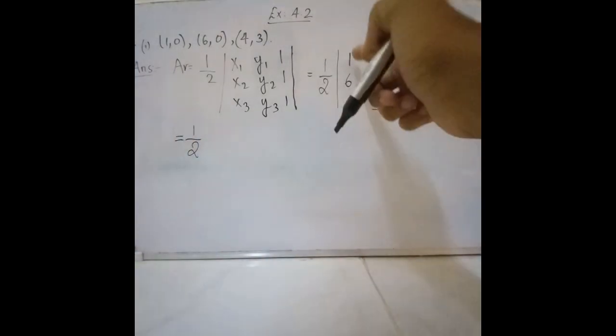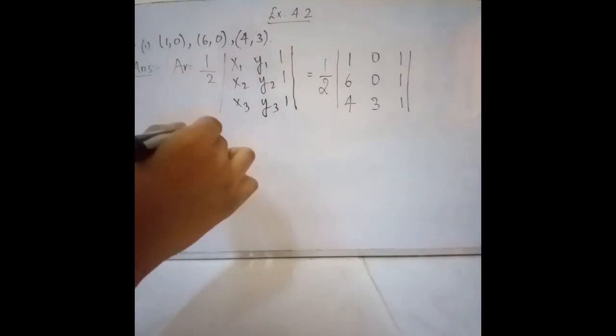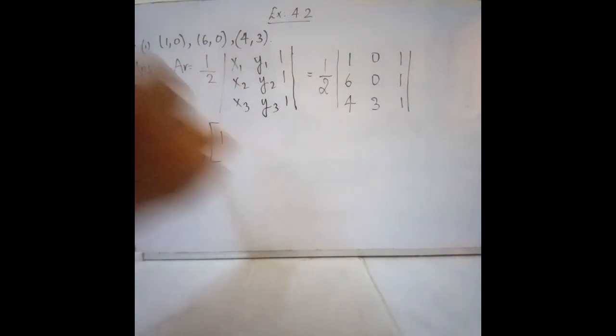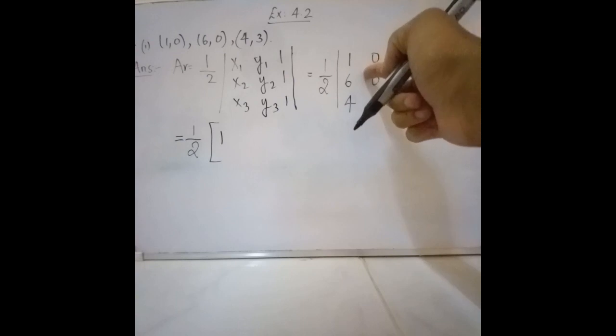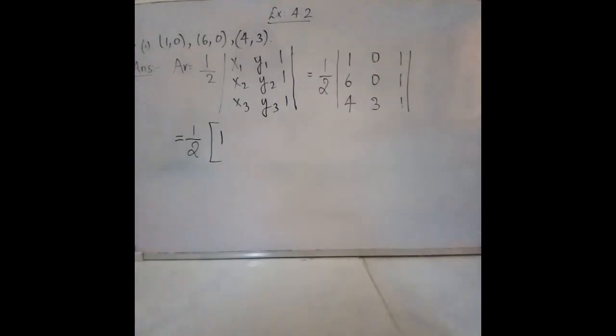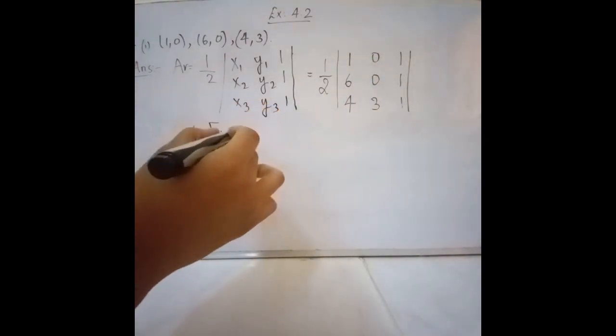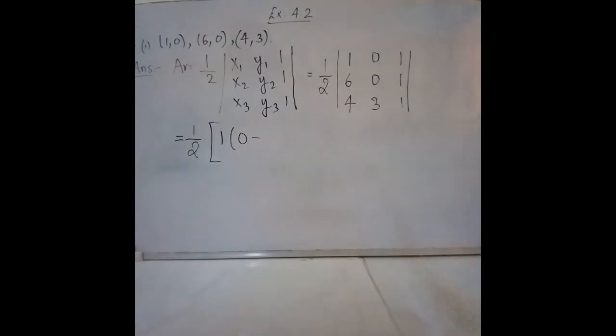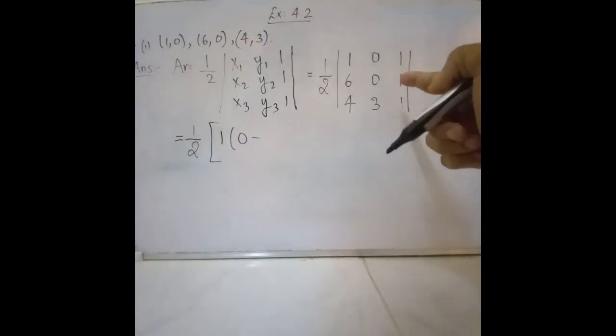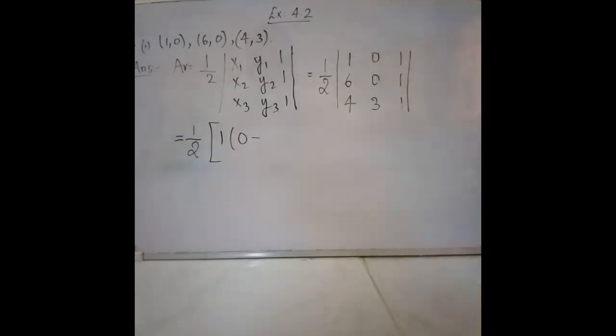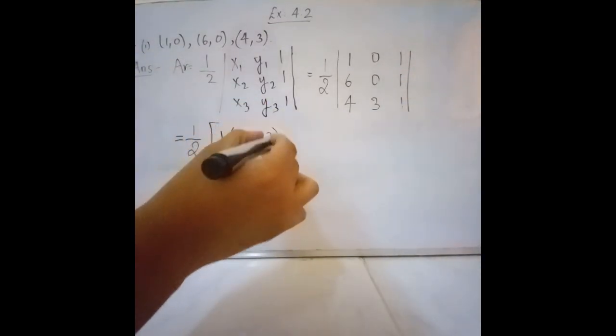So let's do the determinant. First, half into 1, the first element, times the determinant of these 4 elements: 0 into 1 would be 0, minus 0 into 1, minus 3 into 1, so minus 3.